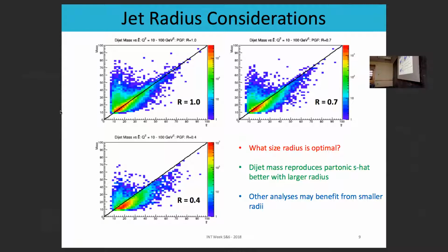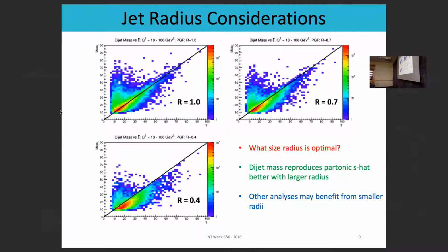What I've done here is plot the Dijet mass versus the generated mass from PYTHIA, for 3 different radii, 1, 0.7, and 0.4. This is for the photon gluon fusion process. As we have a larger radius, we more faithfully reproduce that generated mass. As we fall off, we start to underestimate the partonic quantities.